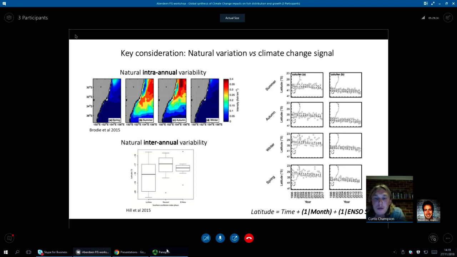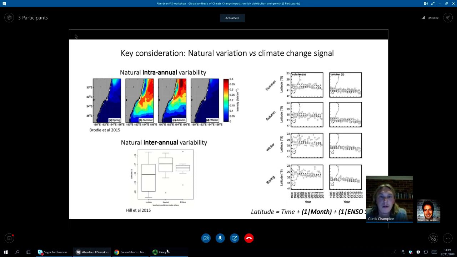So it was possible to fit month and El Nino Southern Oscillation state, so that's both an intra-annual and inter-annual source of natural variability, as a random effect in these models, which essentially imposes a dependency structure in the model and allows us to estimate the trend through time with more accuracy, not completely independent of those sources of variation, but at least accounts for them and allows us to estimate those rates of change more accurately.